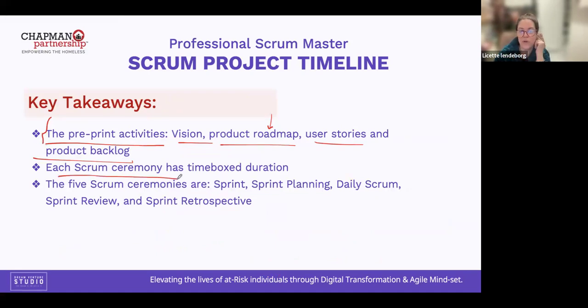Each Scrum ceremony has a time box duration: 8 hours, 4 hours, 3 hours, 15 minutes. 8 hours is sprint planning, 4 hours the demo, 3 hours the retrospective, and 15 minutes is the daily Scrum. So the 5 Scrum ceremonies are sprint, sprint planning, daily Scrum, sprint review, and retrospective.